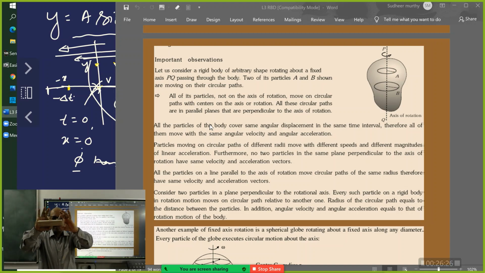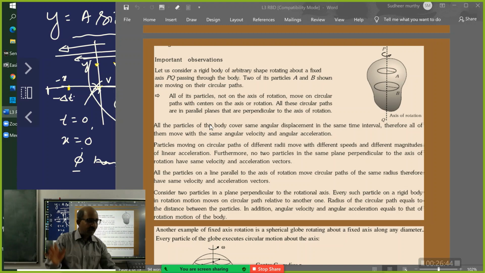Between my two fingers, whatever particles are there are constrained from moving. So the axis is passing between my two fingers and therefore it is rotating about this. Now I can move my finger here and cause it to rotate like this. So the axis is something which I can also choose and make it rotate. In fact, you know how many axes I can pass? Infinite.